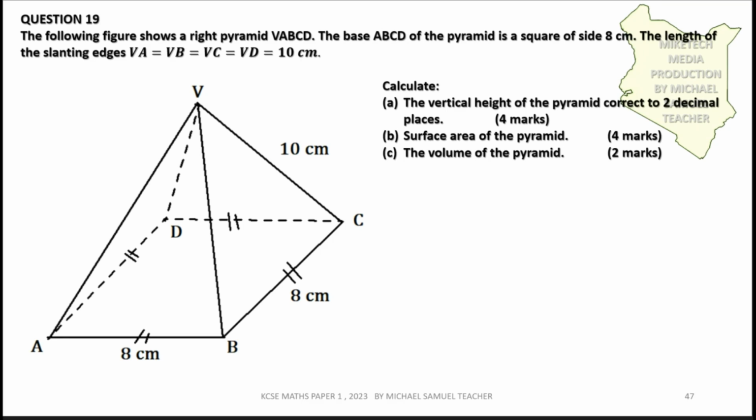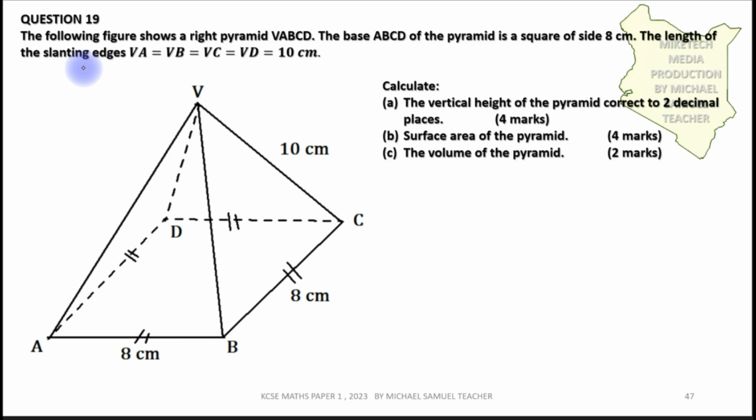Question 19. The following figure shows a right pyramid VABCD. The base ABCD of the pyramid is a square of side 8 cm.